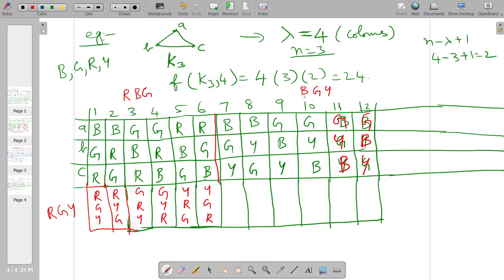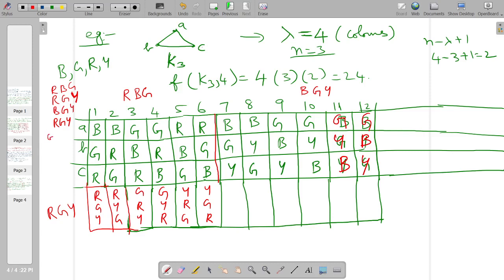Blue, green, yellow is out. I'll write like this: R, B, G; R, G, Y; B, G, Y; and then R, G, Y. Now what is the one that is missing here?